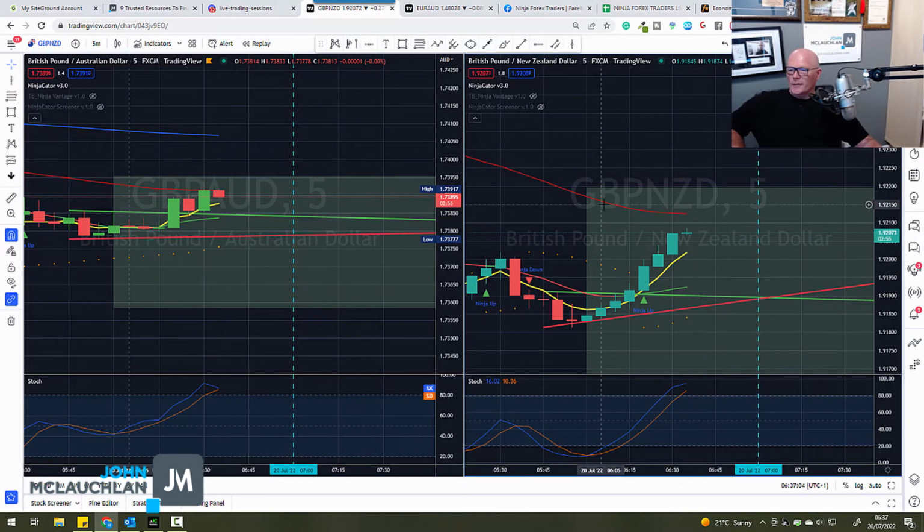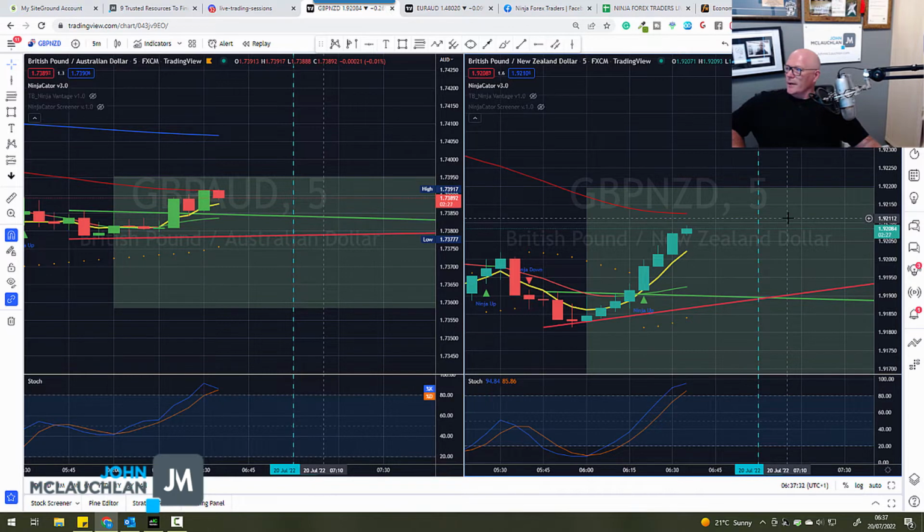And what you'll find as well is this moving average will act as either a support or resistance. So you'll find that when it goes up to this level, it will do, as I said, two things. It will bounce or break. And what I'm going to do is use this level here as my take profit.